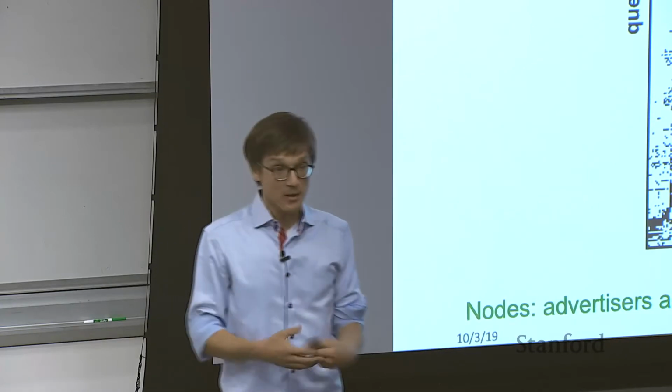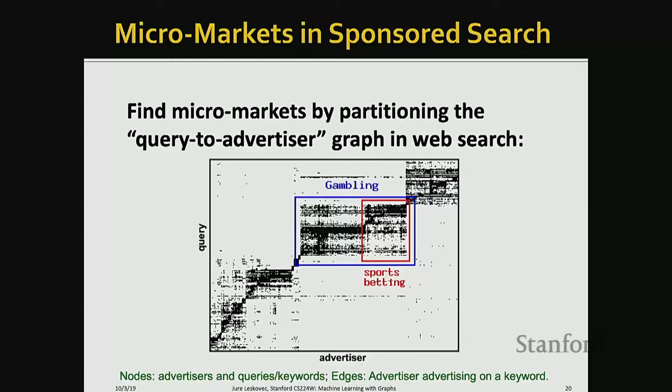Another place where these kinds of communities arise is, for example, if you look into sponsored search or web advertising. The way web advertising works is that you have advertisers who bid on keywords or queries, right? Whenever a particular keyword is entered, this particular set of advertisers want their ad to be shown.